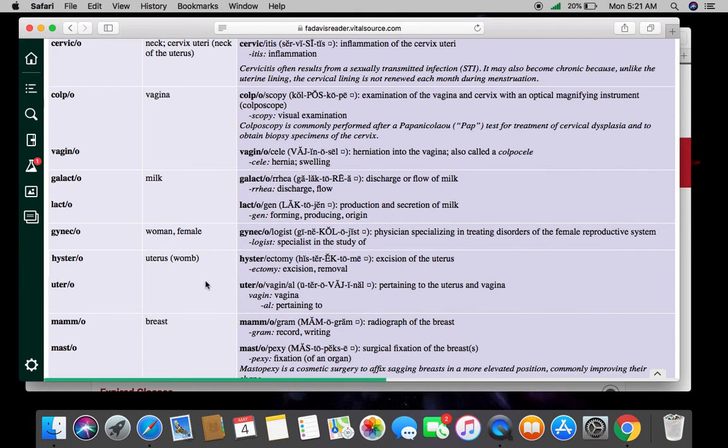So it's a little bit anti-feminist there, in my opinion. Hysterectomy, ectomy, removal of hyster, your uterus, and we could do that if there's cancer or if polyps or multiple reasons why you would want to remove your uterus. Uterovaginal, pertaining to the uterus and vagina.